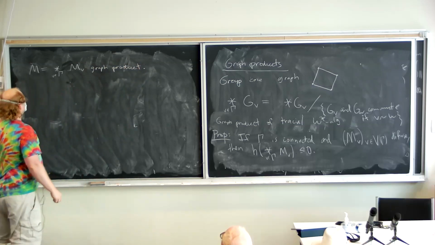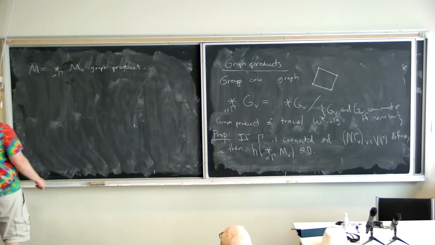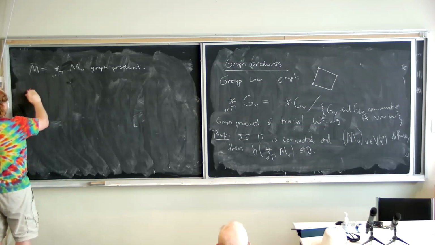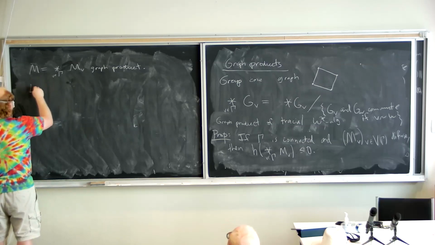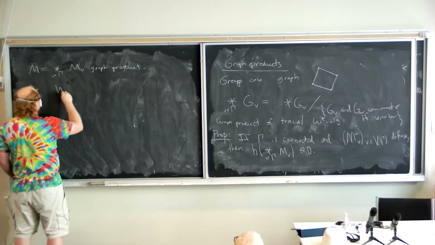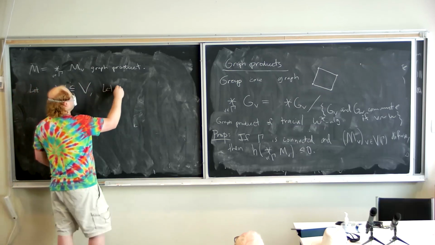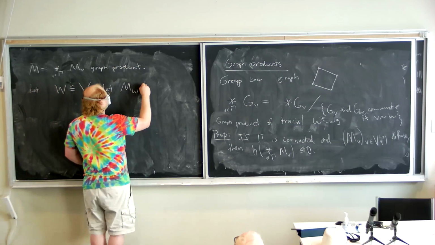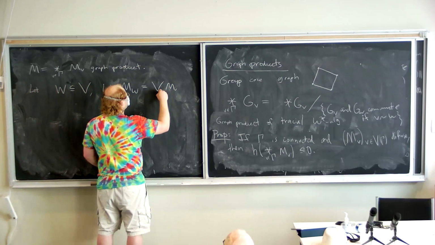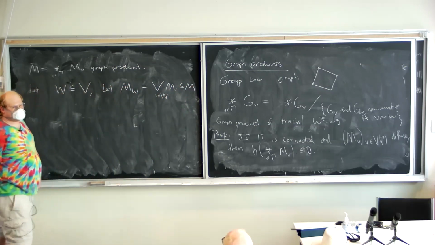Then for W, which is a subset of the vertex set, let MW be the von Neumann algebra generated by the things in this set W, which is inside this M.